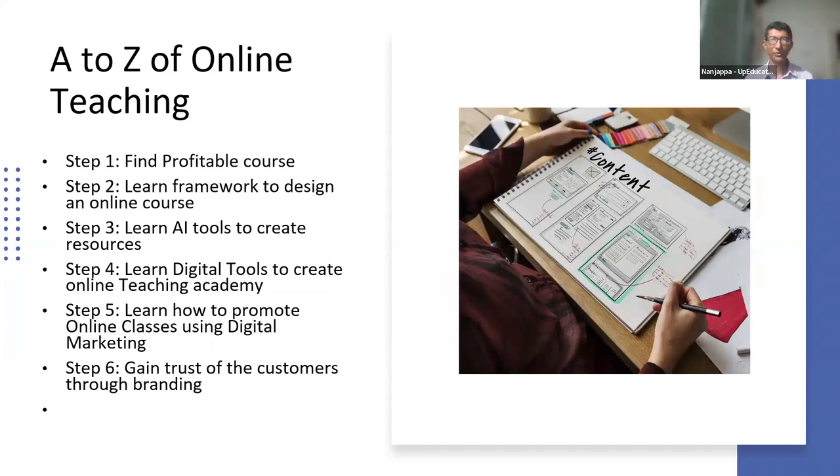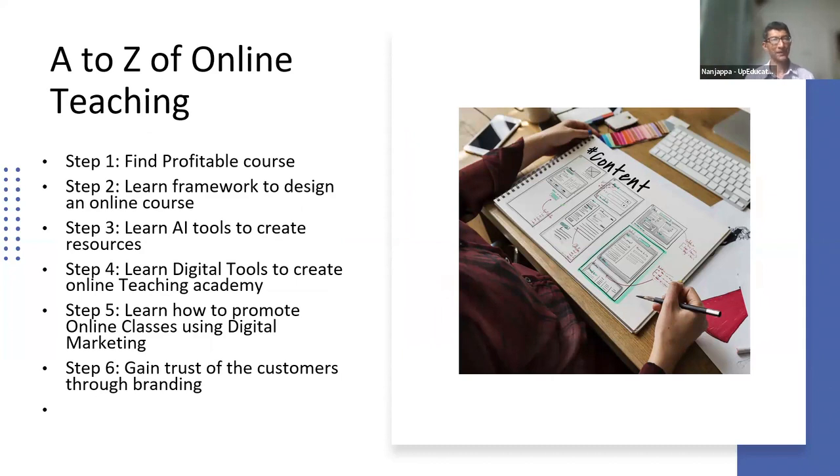Now let's dive into the actual content of this webinar. Okay. Now here, A to Z of online teaching is what we are looking at. Now we are going to look at a step-by-step process for this. We will start with finding a profitable course. This is what you need to do.